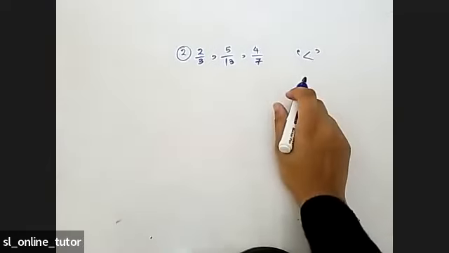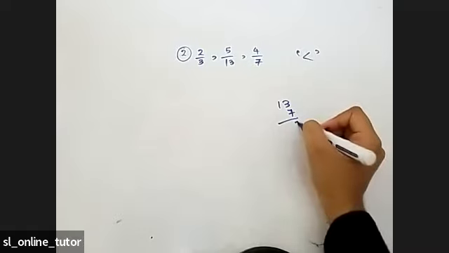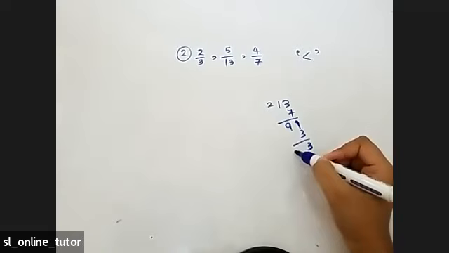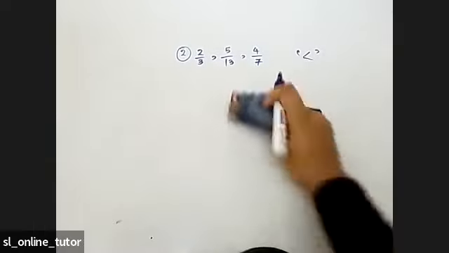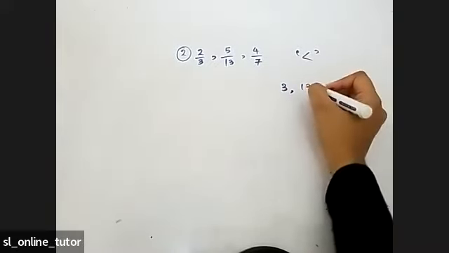Like this: 13 into 7 into 3. Okay, we'll get the LCM in that way. So you get 3, 13, and 7.